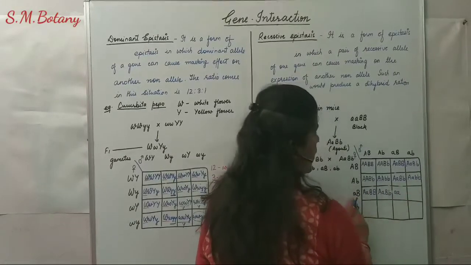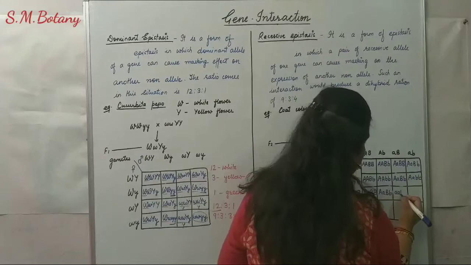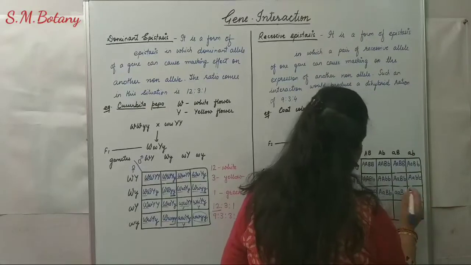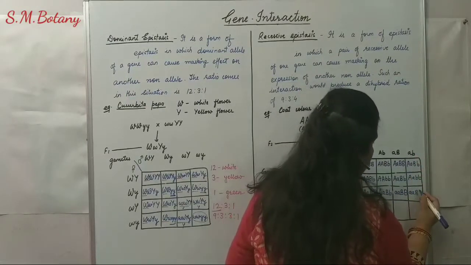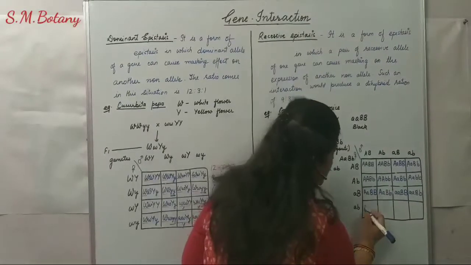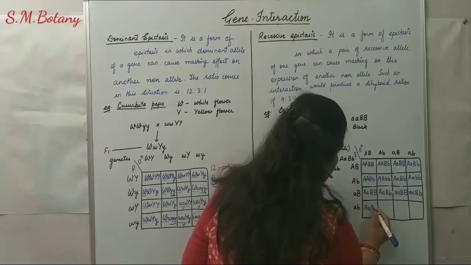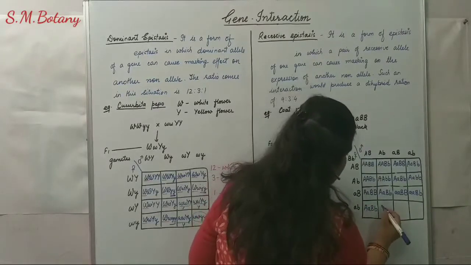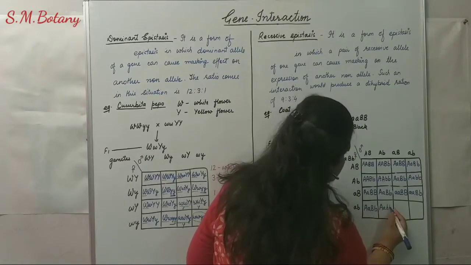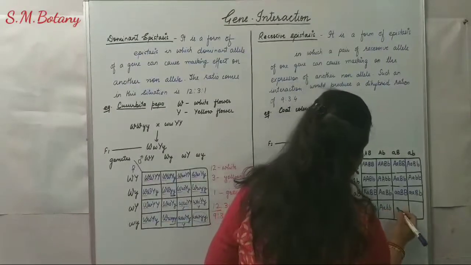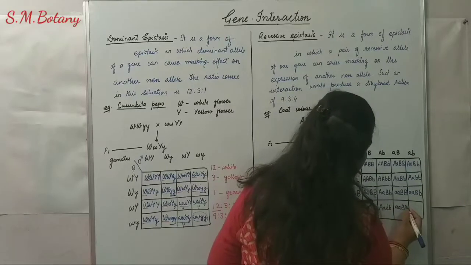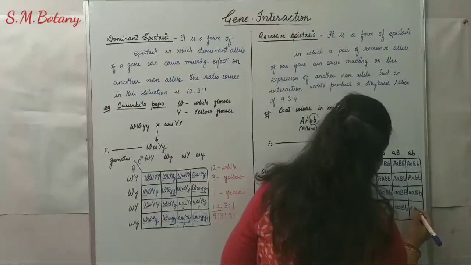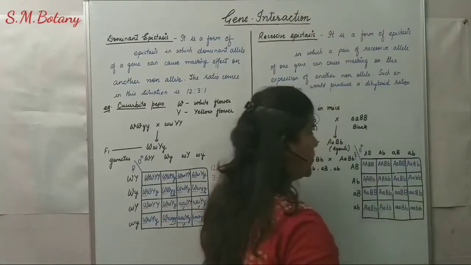Small a, capital B, capital B. Now again, small a, capital B, small b. In the last row, we get capital A, capital B, small b. The second progeny of this row shows capital A, small b, small b. Now the third progeny shows small a, capital B, small b. And the fourth one, all the alleles are recessive: small a, small b, small b.